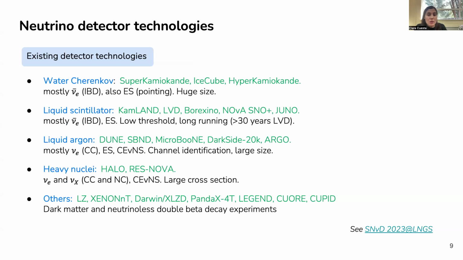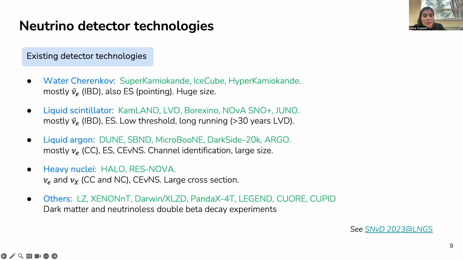Then we have liquid argon detectors like DUNE, SBND, MicroBooNE, and DarkSide. They have a unique sensitivity to electron neutrinos through the charged current interaction, and they are also sensitive to elastic scattering, for instance. In these detectors, the size can be huge, and it's also good that they have good channel identification.